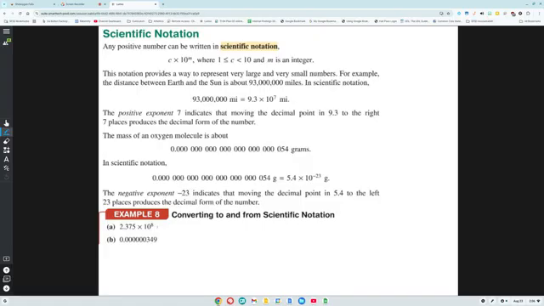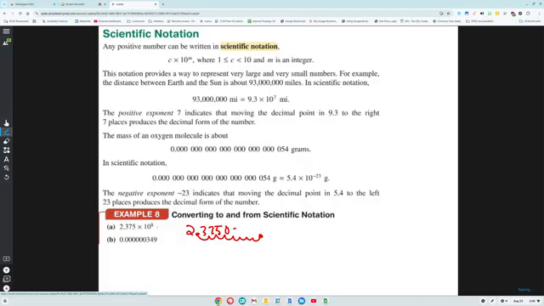So, first thing we're going to do is convert back and forth between scientific and decimal form. The very first one, we have 2.375 times 10 to the 8th. All we're going to do is take that and rewrite it in decimal form. Easiest way of doing this is 2.375. Multiplying by 10 to the 8th means I need to move my decimal place 8 places. 1, 2, 3, 4, 5, 6, 7, 8.